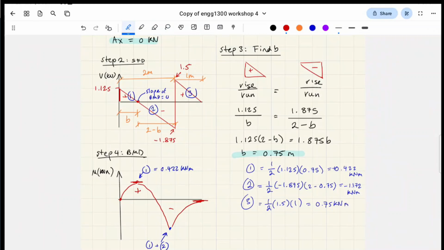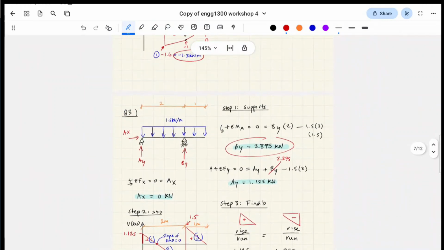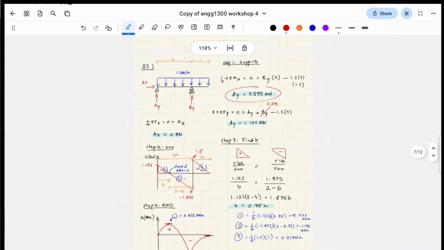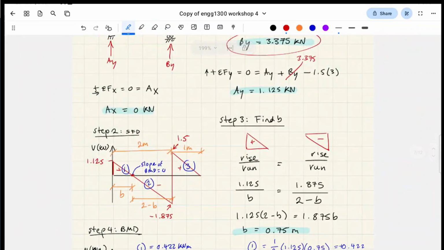So yeah. Sorry, how do we find point B? Sorry, it's not point B. What they called it is the length B. I don't have the exact question up. It says something along the lines of, what's the length B where the shear force diagram touches?